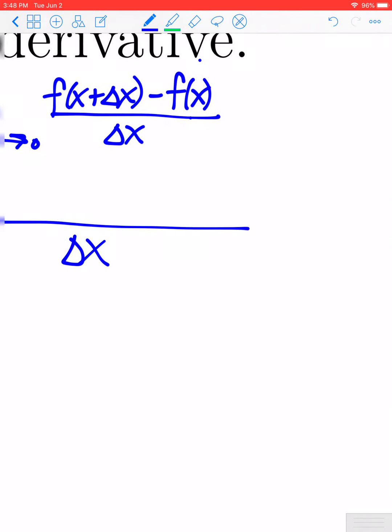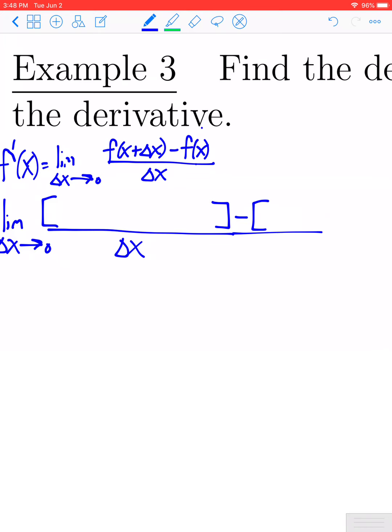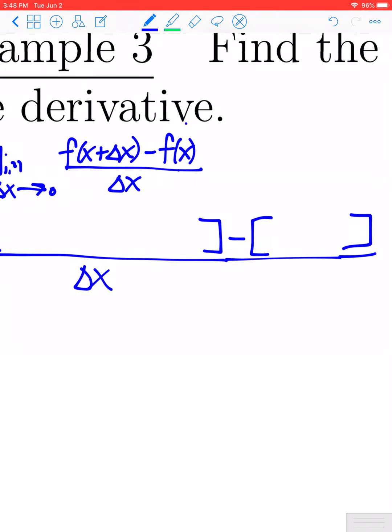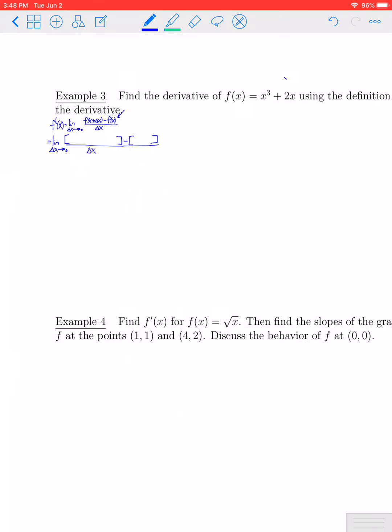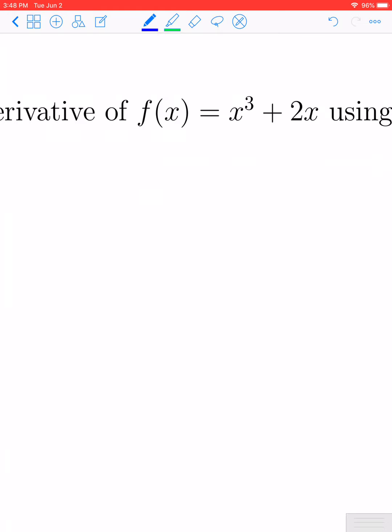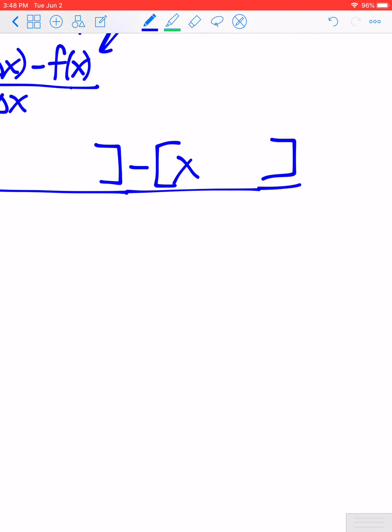It's going to be a lot of terms here, so we want to take our time and make sure we get everything plugged into the right spot. The easiest part, whenever we're using this definition, is the second part in the numerator. It's simply subtracting f of x. Here, f of x is defined as x cubed plus 2x, so that goes here.